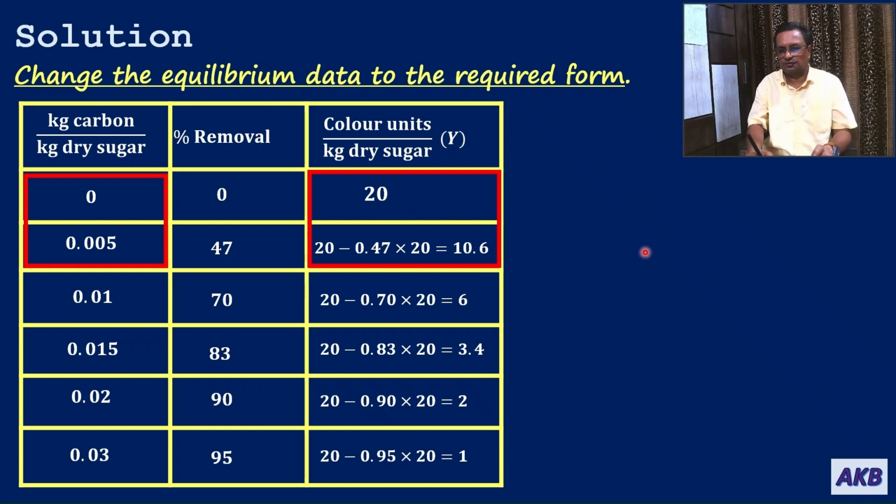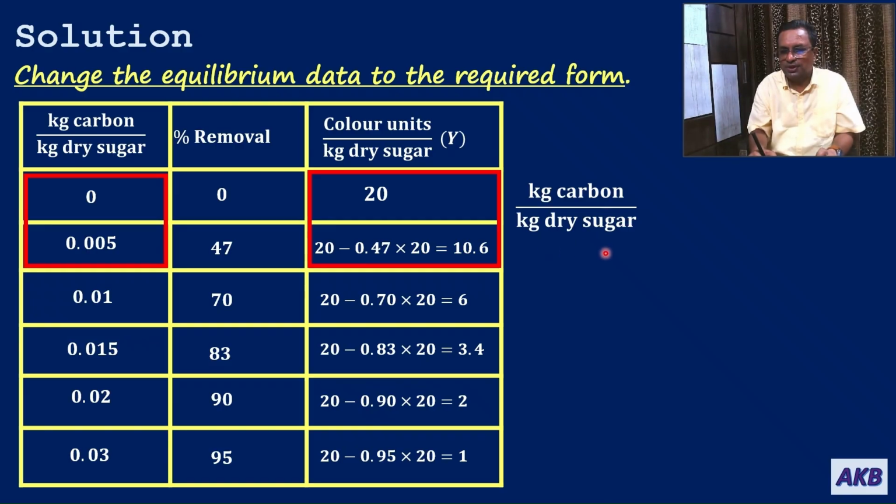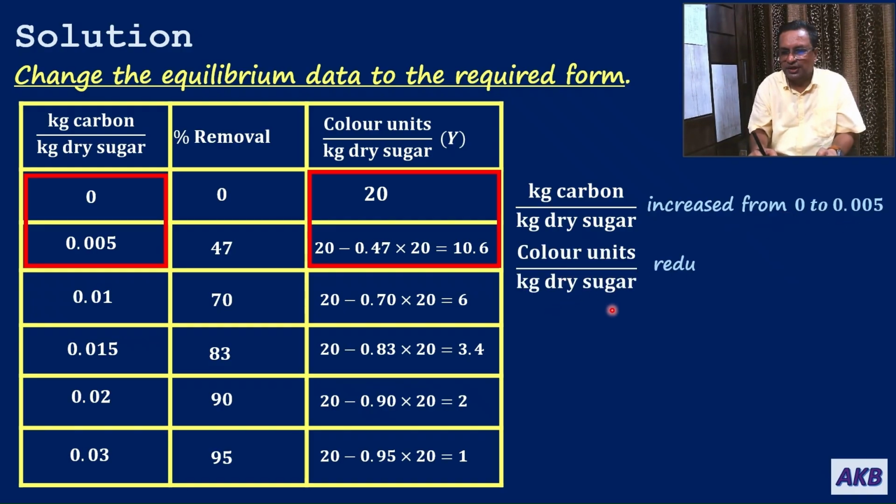Now let us use this information to get capital X. So kg carbon per kg dry sugar, if it is increased from 0 to 0.005, color units per kg dry sugar reduces from 20 to 10.6.